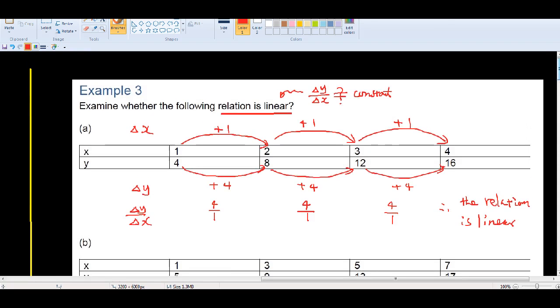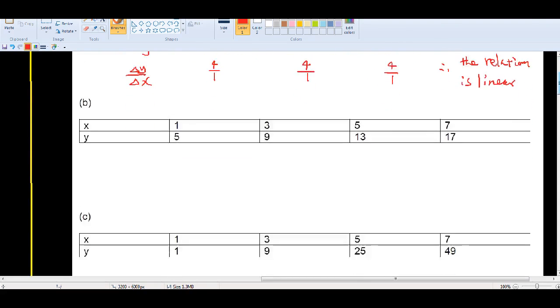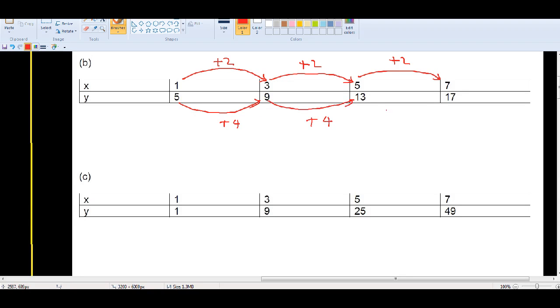Alright, so all good. Let's move on to the next one. From 1 to 3 is plus 2, plus 2. Then y is plus 4, plus 4. You see the pattern of it? That's delta x, that's delta y, and we need to consider delta y over delta x as well.